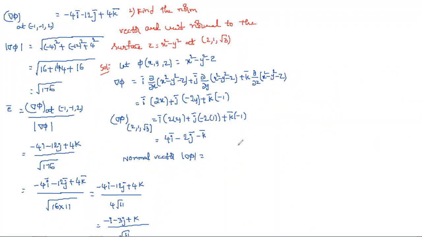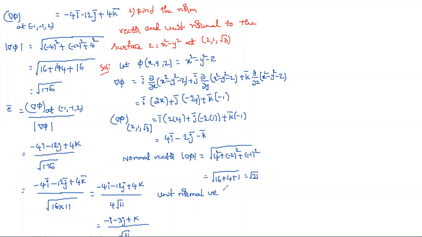So the square root of 4 square plus (-2) square plus (-1) square, which is 16 plus 4 plus 1, so the square root of 21. This is the normal vector we are saying. And now the unit normal vector.